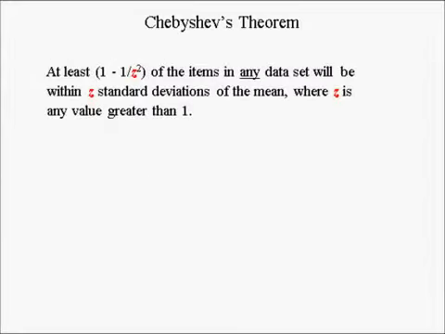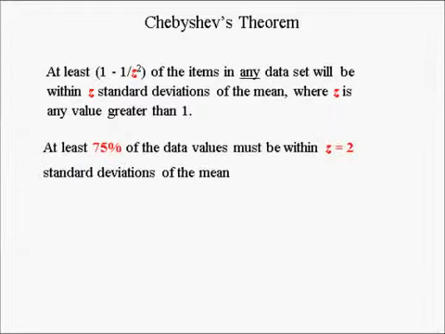Chebyshev's theorem can tell you what the relative frequencies are for being within z standard deviations from the mean for any z larger than 1, no matter what the distribution of the data is. The value 1 minus the inverse of z squared is the relative frequency associated with the within z standard deviation interval.